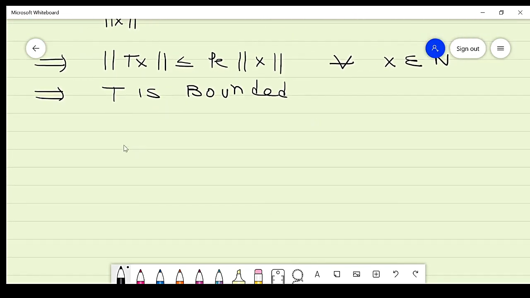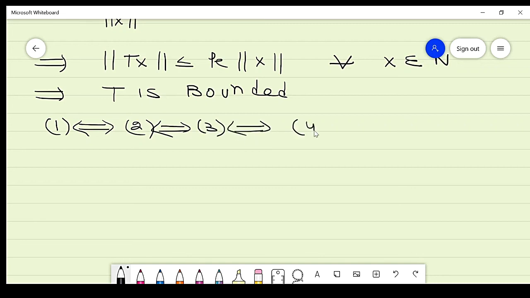What do you mean by this? It means number 1 if and only if number 2 if and only if number 3 if and only if number 4.